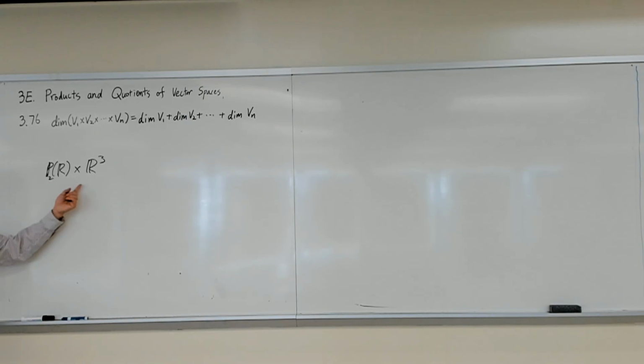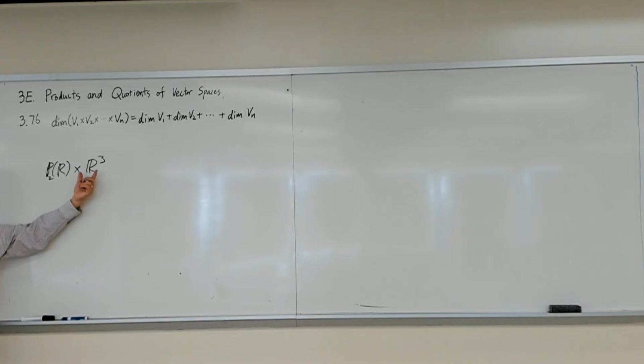So do you remember what the length of the basis was? What was the length of the basis for this guy? It's 4. No, it was 6. It was 6, because I had 3 for this guy and 3 for this guy. So the total length was 6, and because the basis has length 6, what's the dimension? 6.